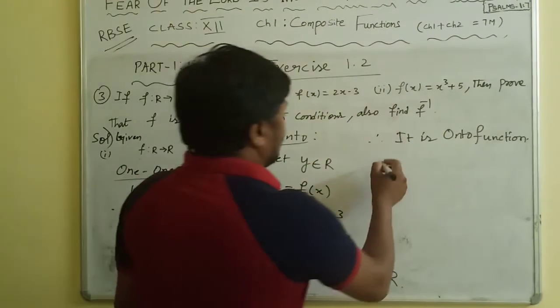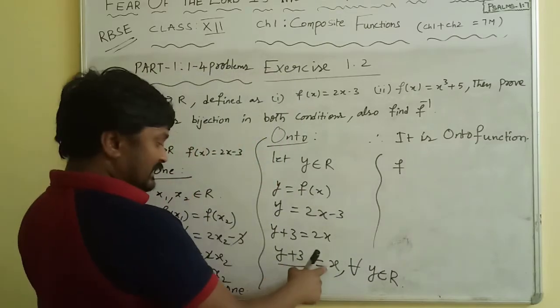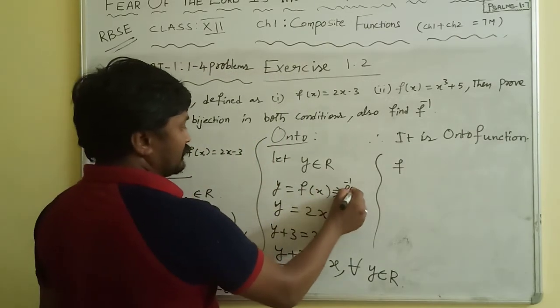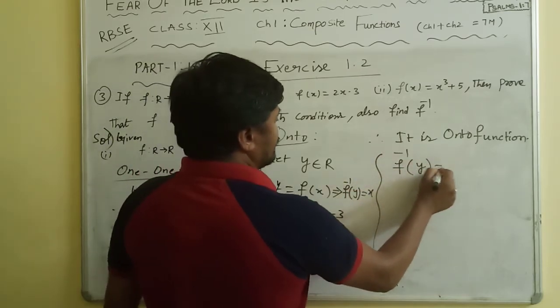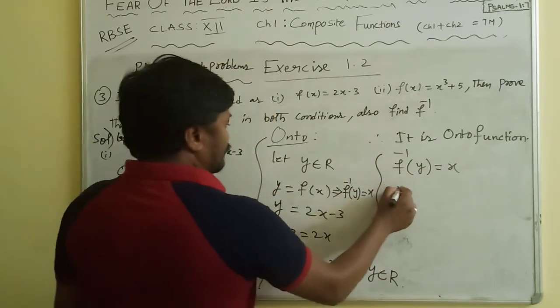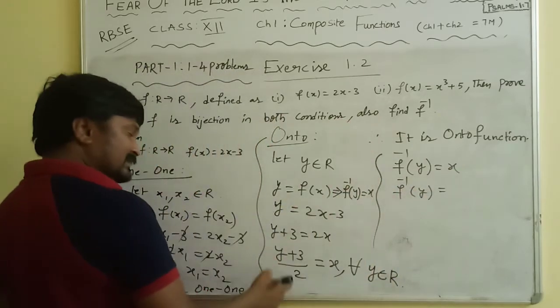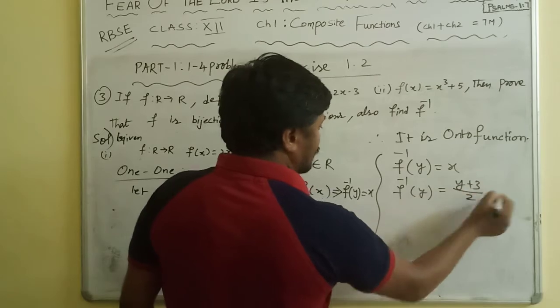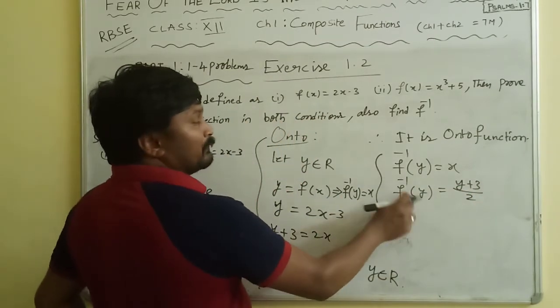And now find the f inverse. You already know x is equal to that, but here this implies we can write f inverse of y is equal to x. So let me write f inverse of y is equal to x, and x is nothing but y plus 3 upon 2. Now for the formula, just replace y with x.